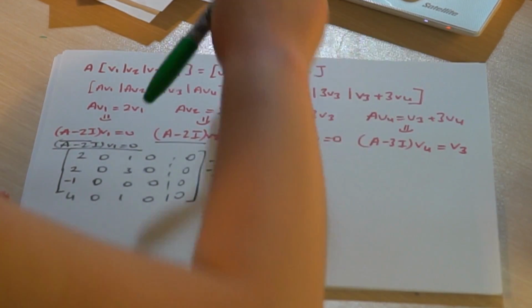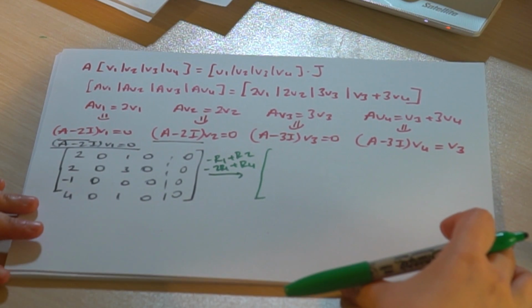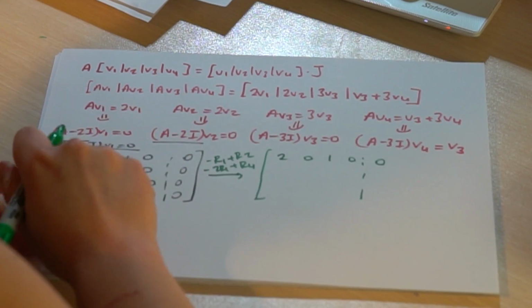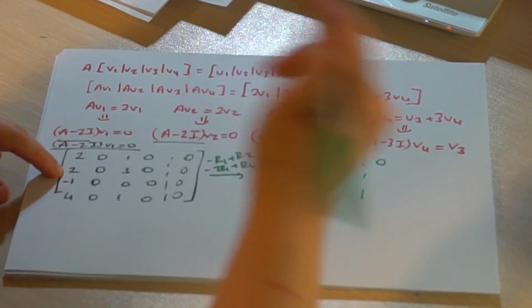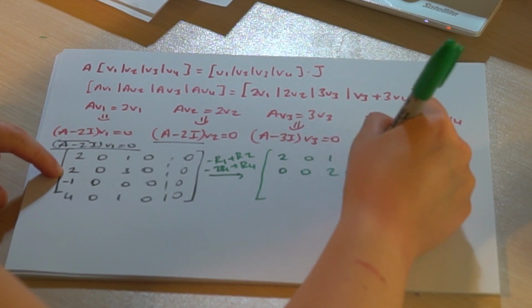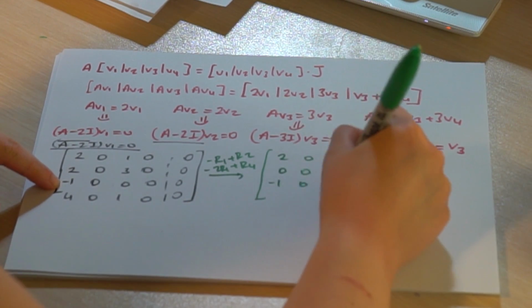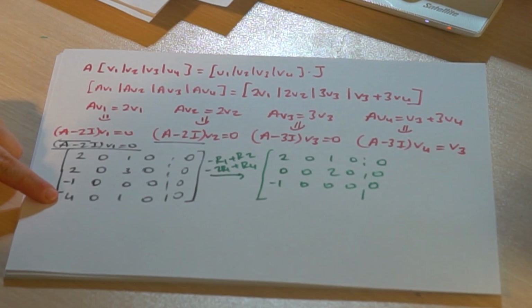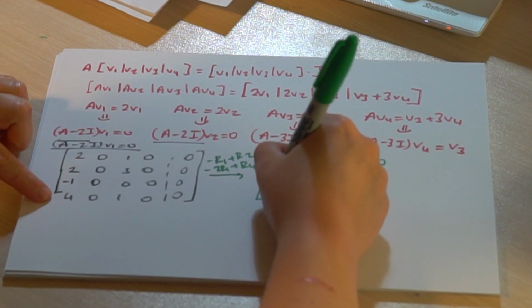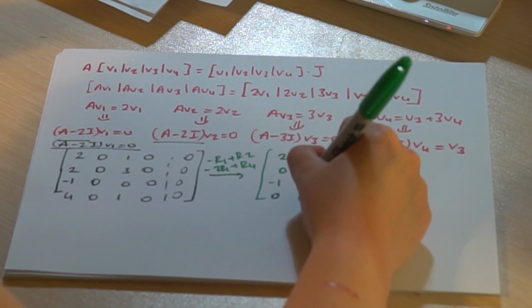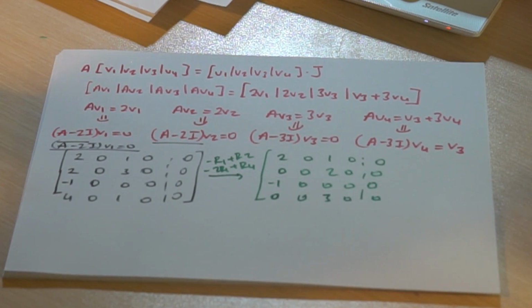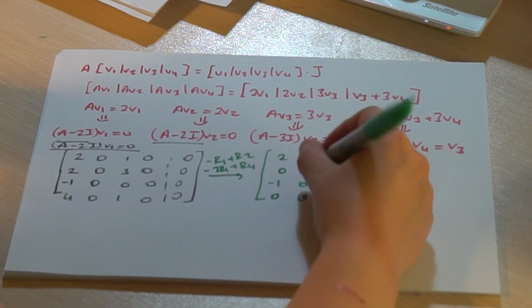So we will have 2 0 1 0 0, minus one of this one here, 0 0 2 0 0, minus 1 0 0, 0 0, and here minus 2, 4, 0, 0, 3 0 0. Sorry, it's not 3, minus 4.